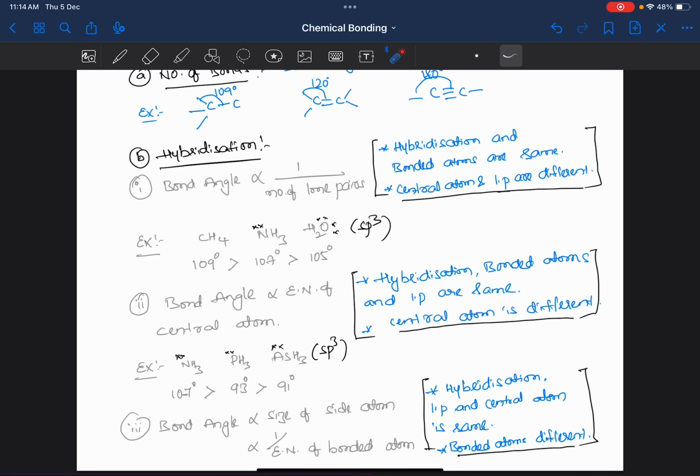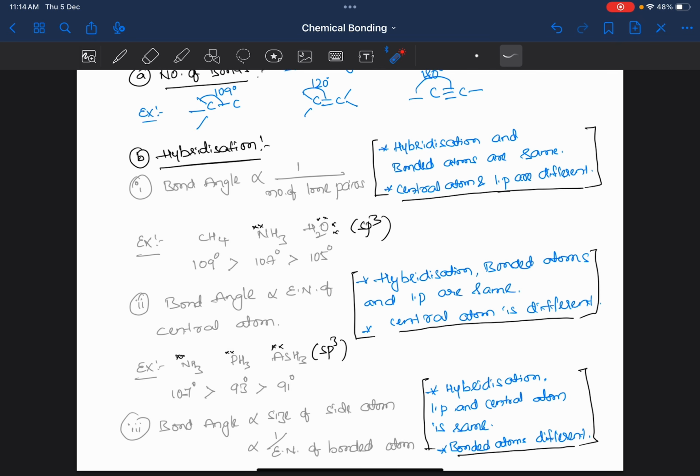The conditions here are that hybridization and bonded atoms are the same, while the central atom and lone pairs are different. So bond angle is inversely related to the number of lone pairs on the central atom.